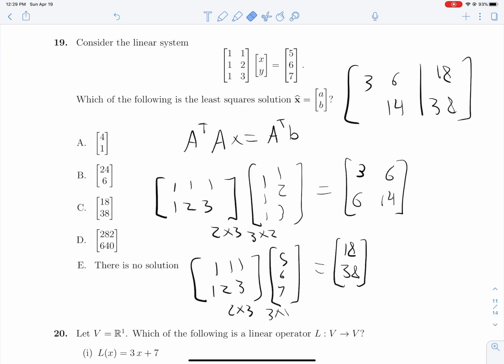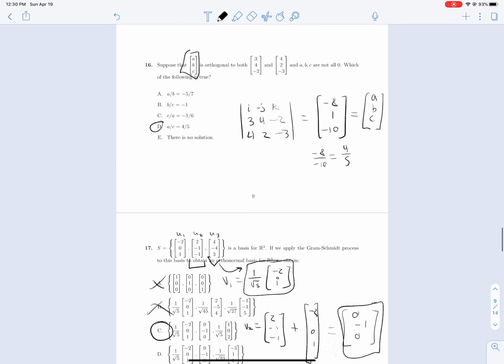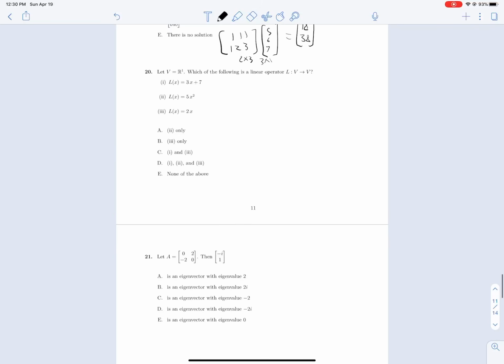That will give us 0, 2, and then 38 minus 36, so 2. This becomes 1, 1. Subtract 6 here, we get 12, and divide out that 3, we get a 4. So there's our solution, 4, 1. Is that 19? Yeah, that was. Okay, 19 is A.